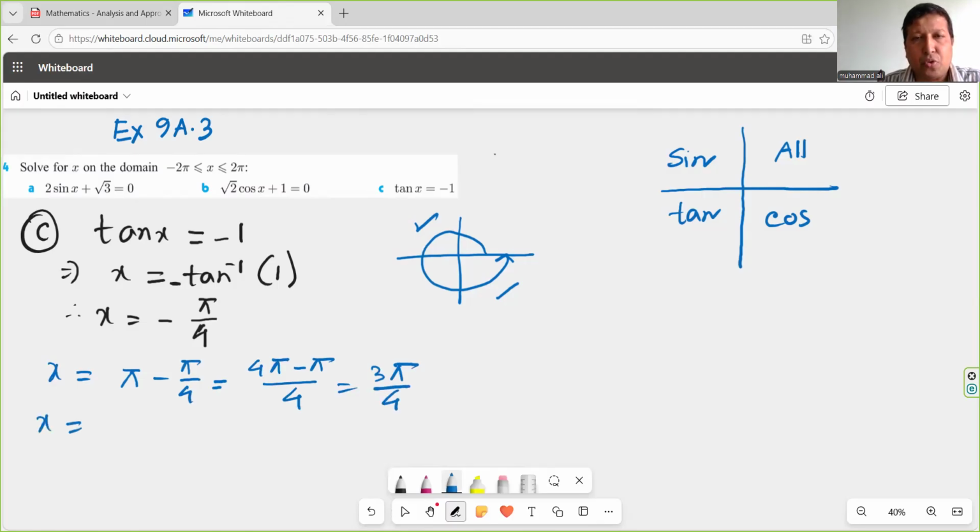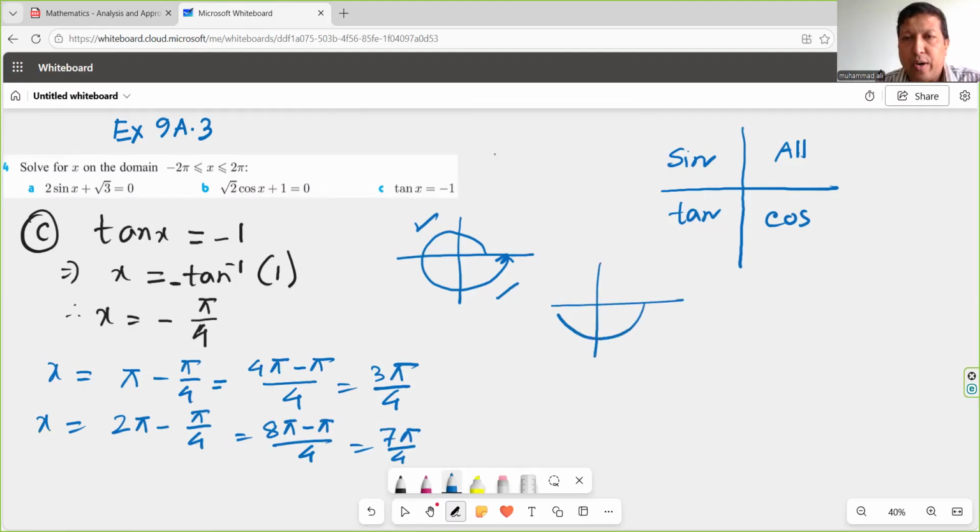Another one, x equals, up to this 2 pi. 2 pi minus pi by 4. So it will be 8 pi minus pi by 4. It will be 7 pi by 4. Now, when we are considering clockwise, tan is negative in the house of cos and house of sine. So this is already x equals minus pi by 4.